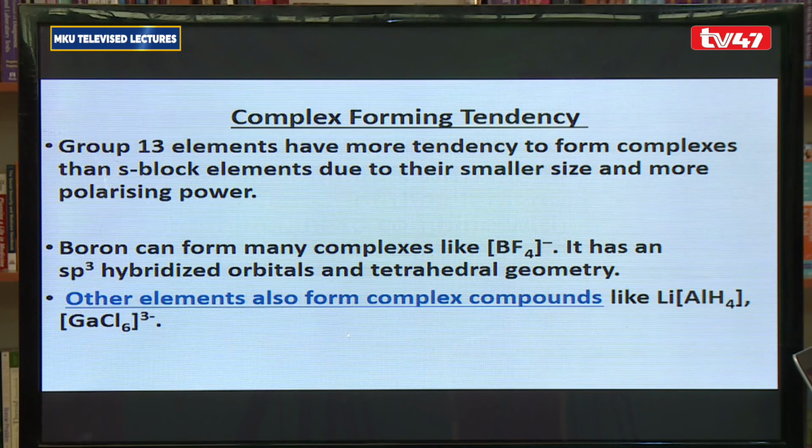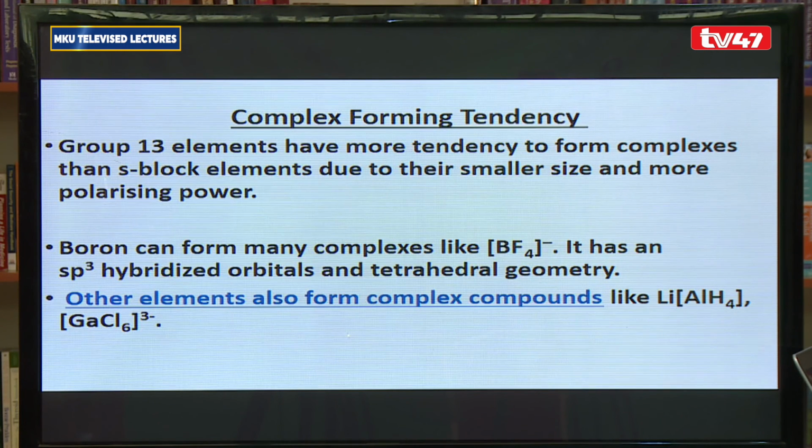So when it comes to the tendency to form complexes, group 13 have a higher tendency compared to the s-block elements because the group 13 elements are small in size and they also have a high polarizing power. So with that in mind, they can easily attract electron donors towards themselves in order to form complexes.